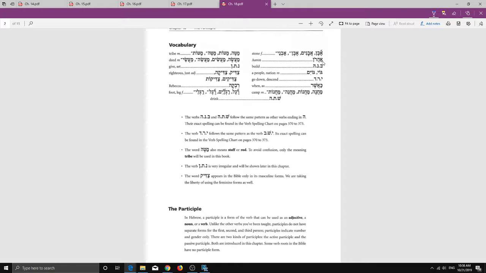Next we have Aharon, which just means Aaron. When you sound that out, it should be pretty obvious. Then we have Beit Nun Hey, or Bana, which is our verb build. So Bana would be he built. Goy, Goyim, means a people, nation.